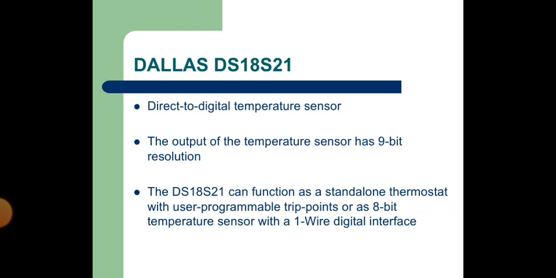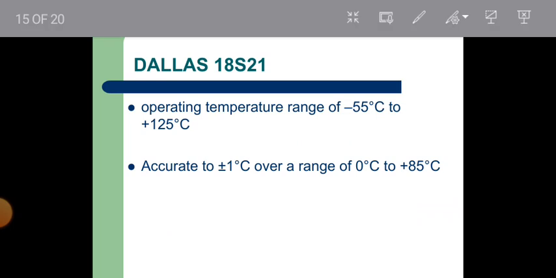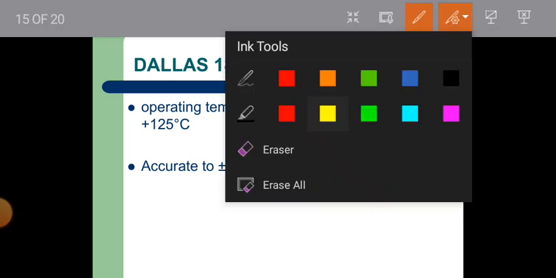The DS18S21 can function as a standalone thermostat with user-programmable trip points, with a one-wire digital interface. So I've mentioned that its temperature range is between negative 55 degrees centigrade to positive 125 degrees centigrade, which I think is a very wide range, if I'm to say.